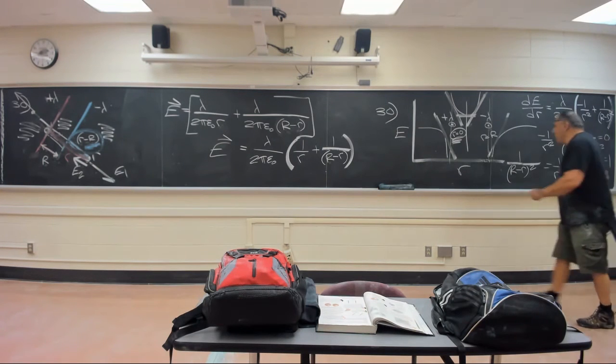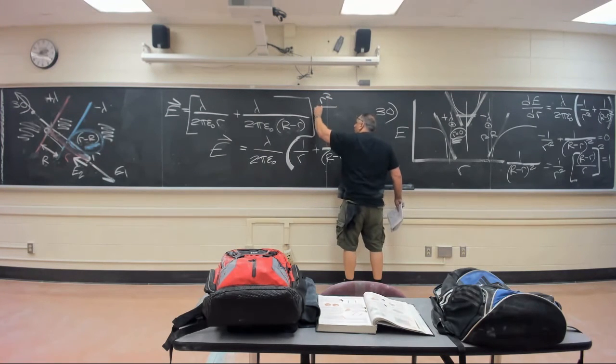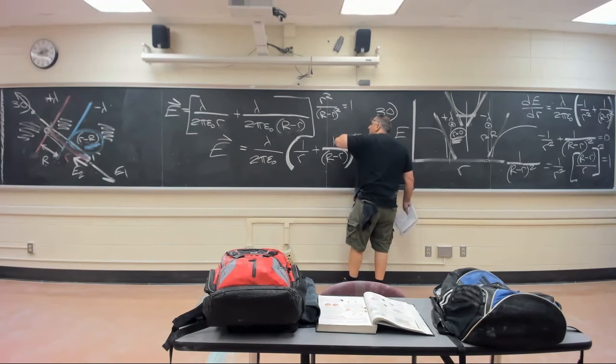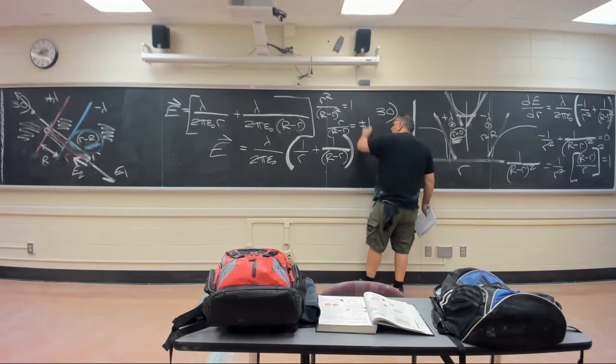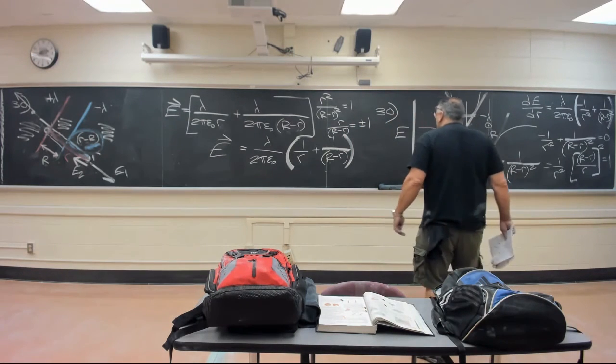You know, you could do a whole bunch of stuff. You could say, r squared over (capital R minus r) squared equals 1. Square root: r over (R minus r) is plus or minus 1. And you could do a whole lot of scenarios there.